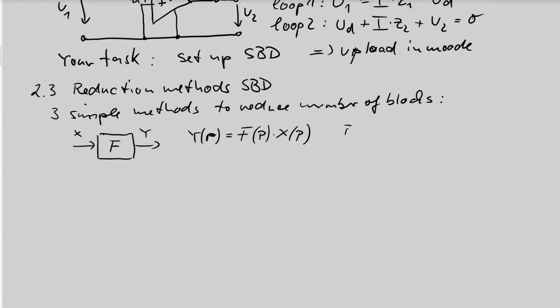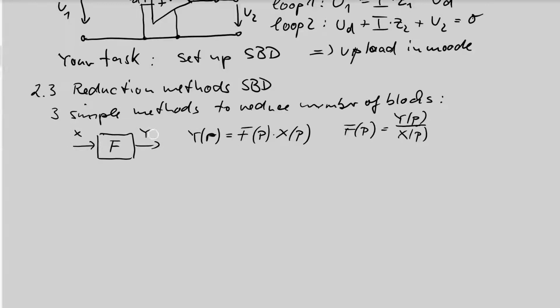Or f is the gain of the block, f is the ratio of y of p divided by x of p. We are talking about frequency functions, and then the output y is simply the product of transfer function and input value.